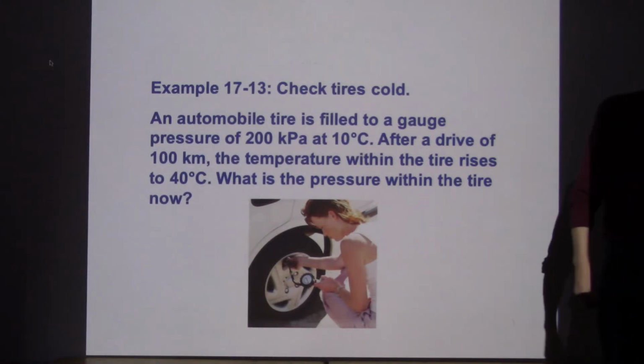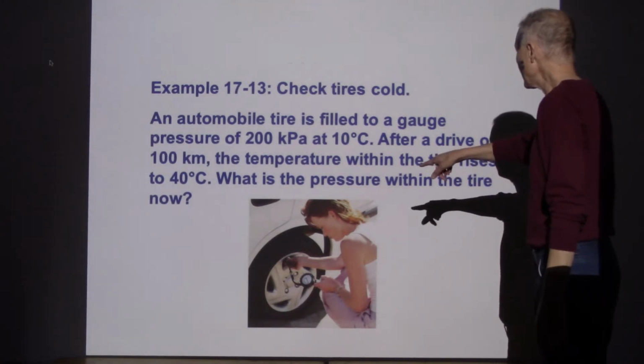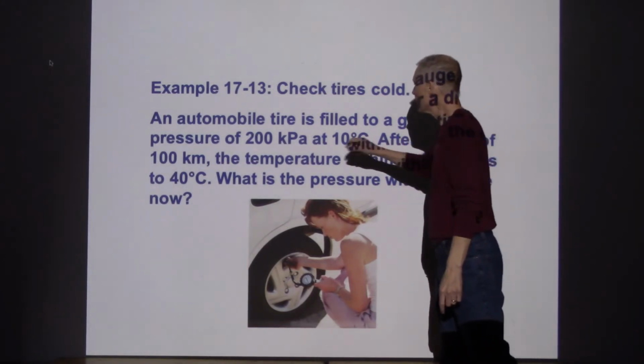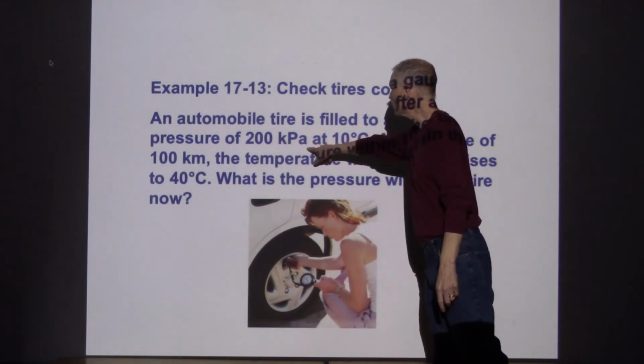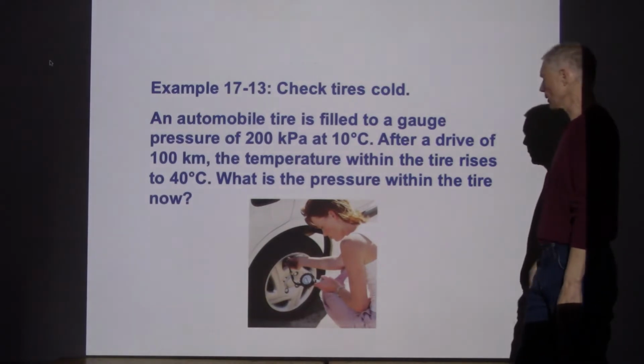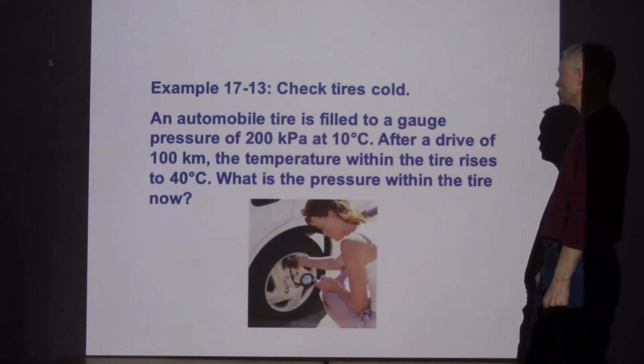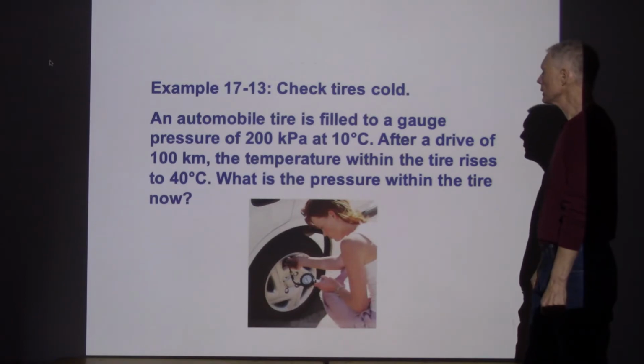Here's an example. It says that we're going to check the tire pressure, and the gauge pressure comes up at 200 kilopascals, and after driving, the temperature is going to change. So what pressure is within the tires?